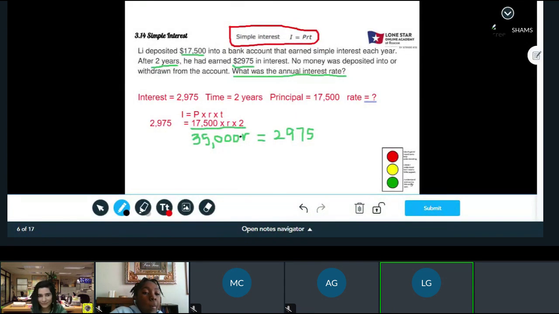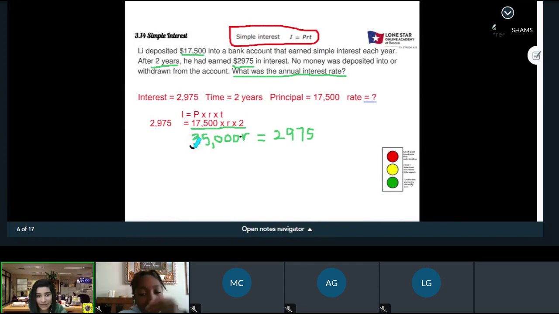We're going to divide. Yes. And because I want to get rid of 35,000, I want R by itself, I'm dividing both sides by 35,000. I'm going to divide both sides by 35,000 because I want R by itself, and this will tell me the answer.